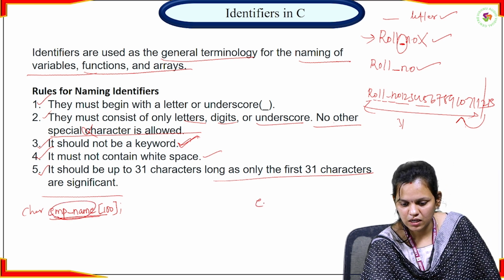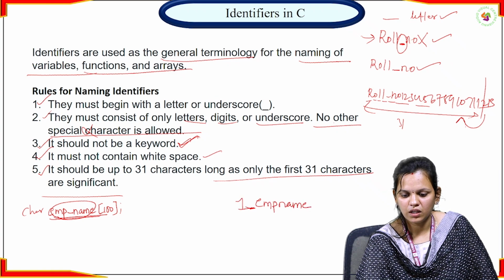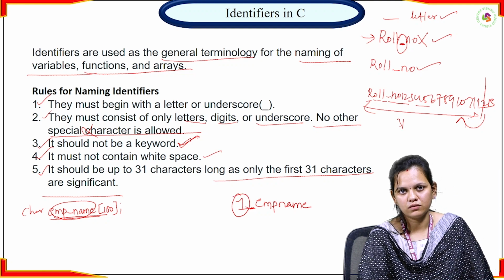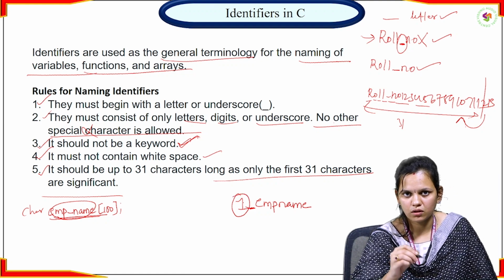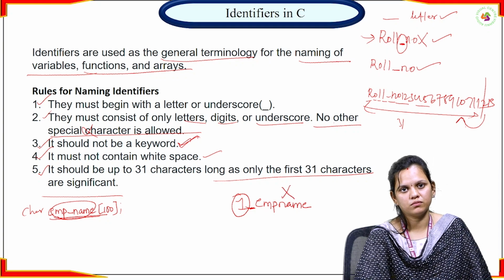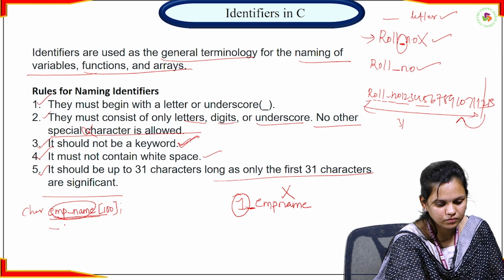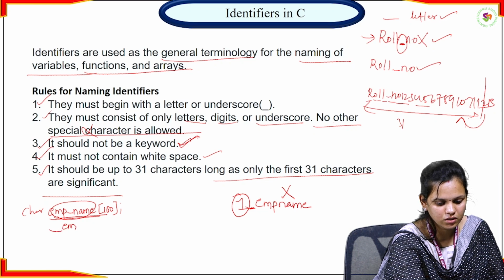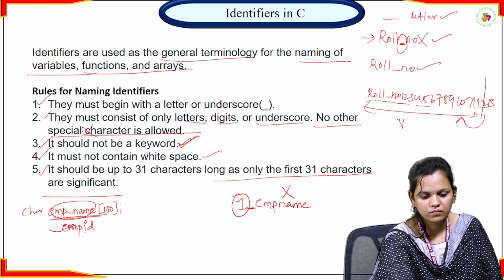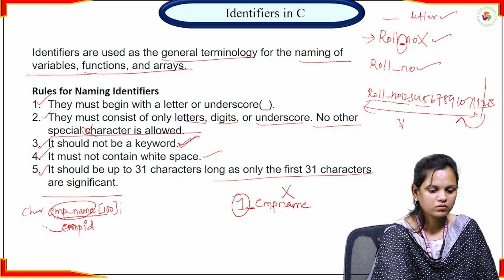If I use the same employee name with the variable starting with a digit, this is not a valid variable. You can start the variable or identifier name using an underscore.